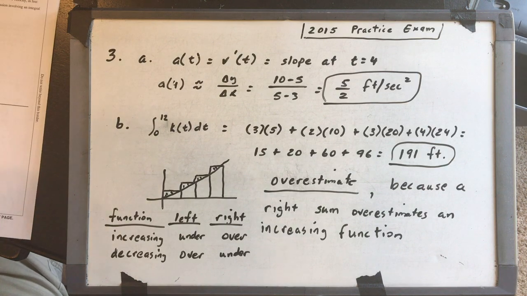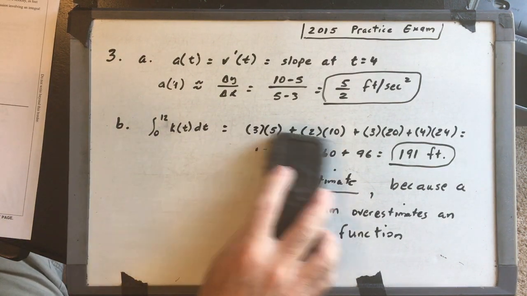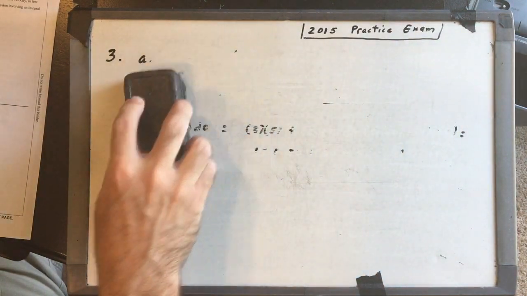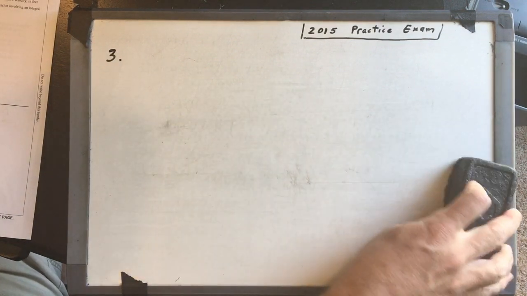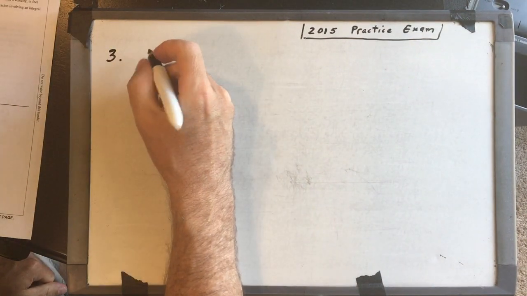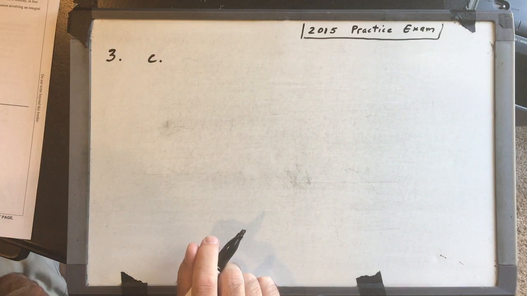We're moving along. Let's turn the page and look at part C. Part C says Nathan skates on the same track starting 5 feet ahead of Kathleen at time t equals 0.